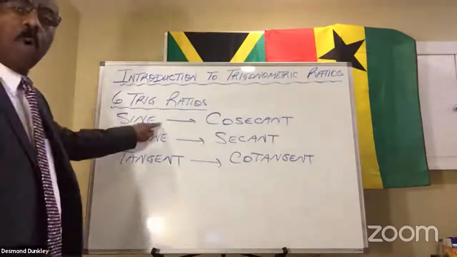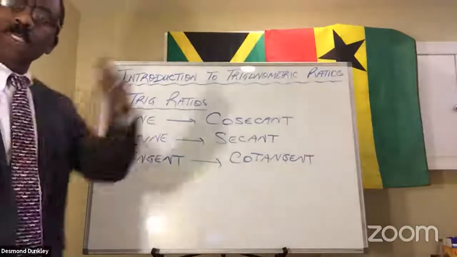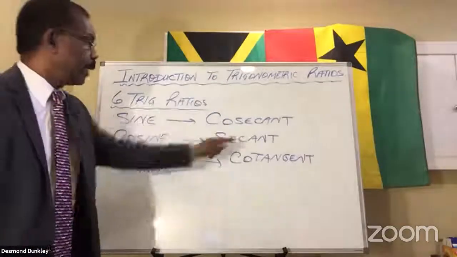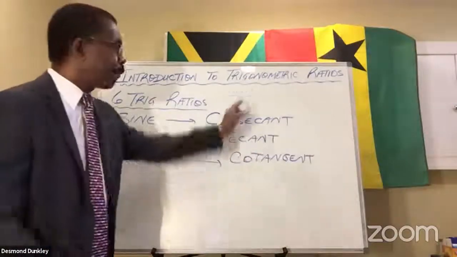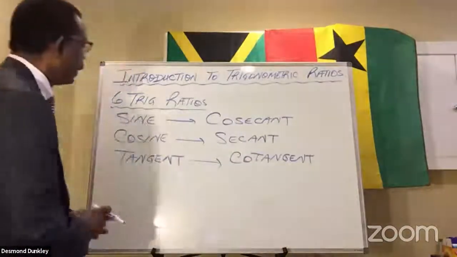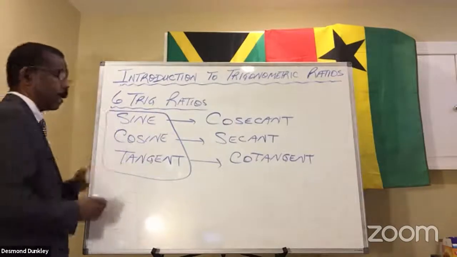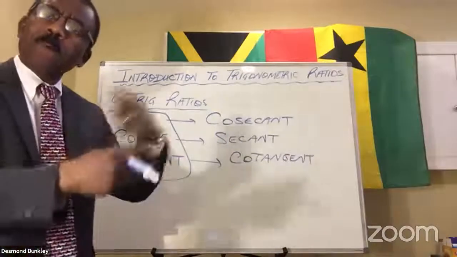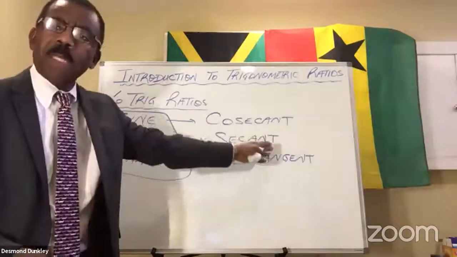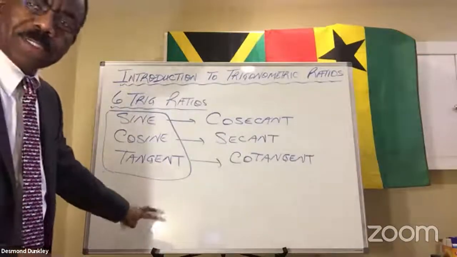So 1 over sine is cosecant. 1 over cosine is secant. And 1 over tangent is cotangent. So these are the reciprocal functions. So these are the ones that are important. And then later on, you're going to be using the reciprocals, which will be the other 3. That makes it a total of 6. So these are the original functions, okay?